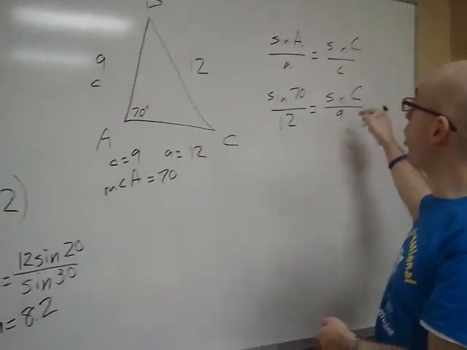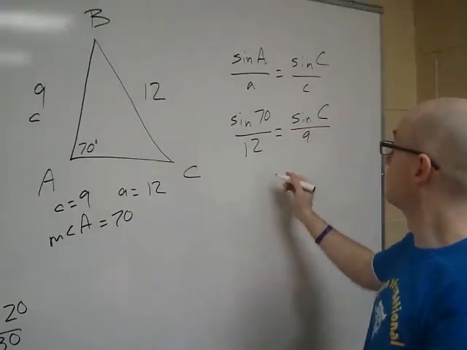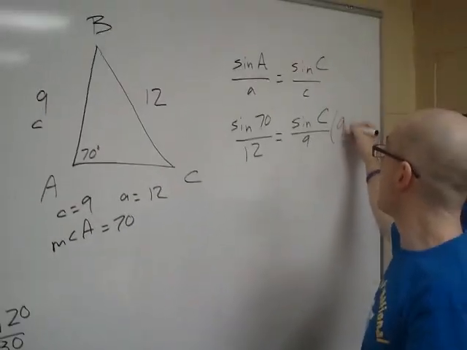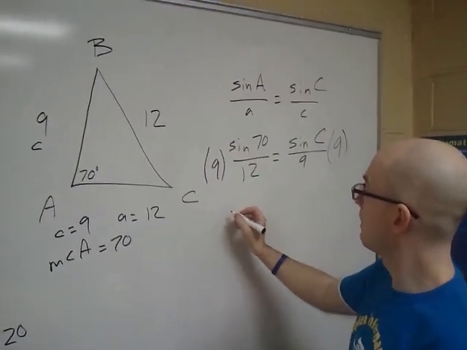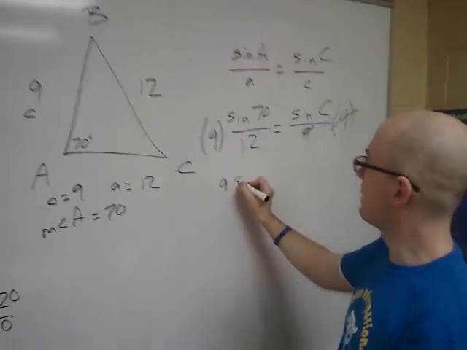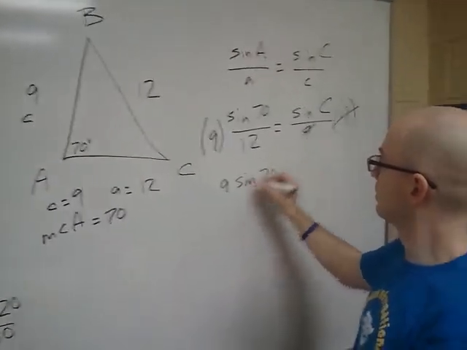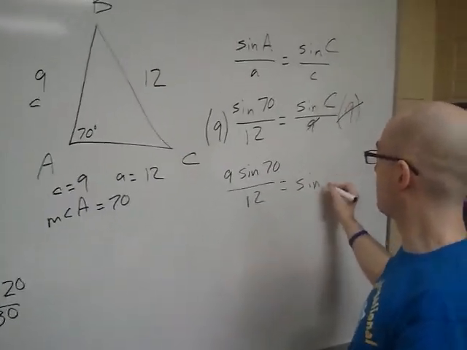In this case, we only want to get sine of C by itself, so we can multiply both sides by 9. We clear out this denominator, and these cancel. We get 9 times the sine of 70 over 12 equals sine of C.